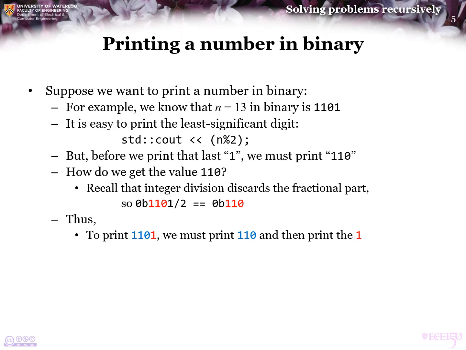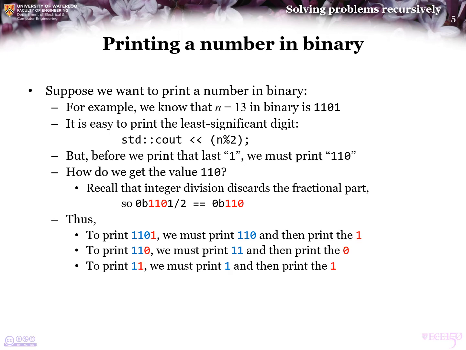Thus, in order to print 1101, we must first print the first 3 bits and then print the final 1. But to print 110, we must first print the first 2 bits and then print the 0.